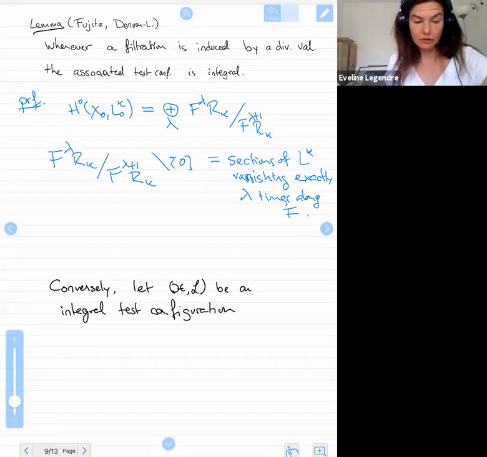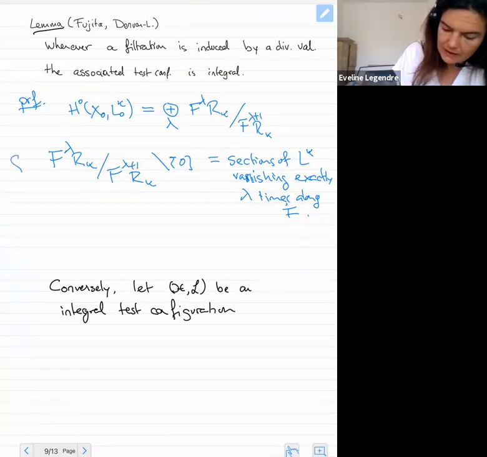And so this is crucial in the proof. So let's call this space S_k^lambda.